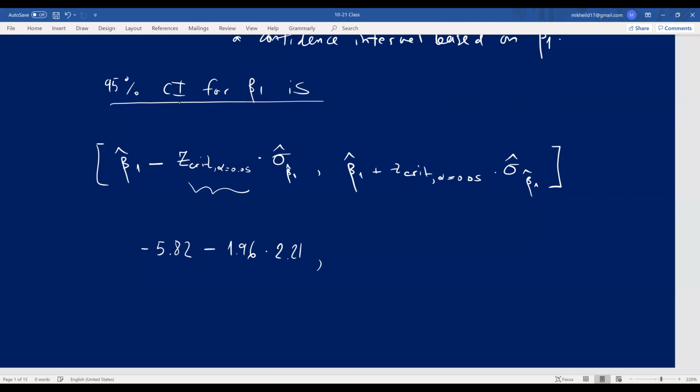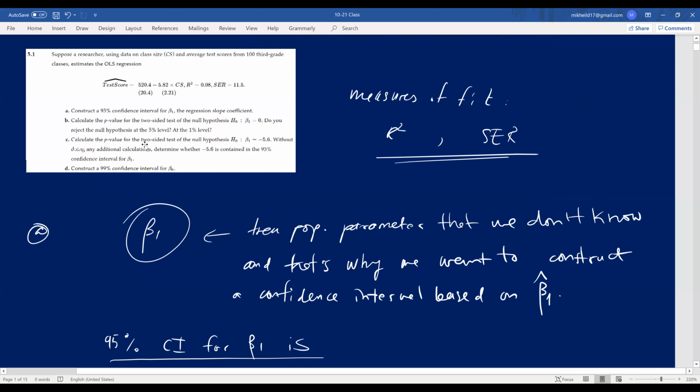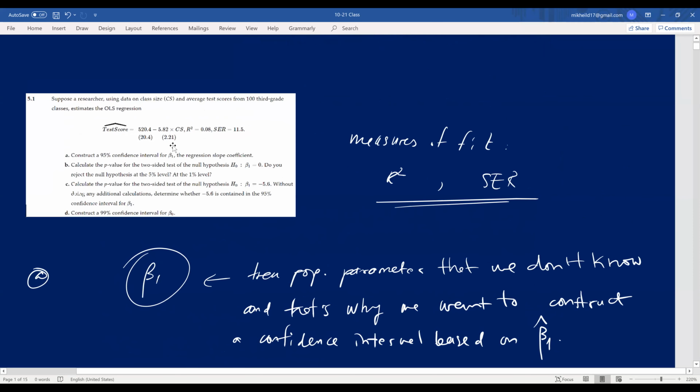Professor, I'm not getting how you know the standard deviation. Is it always given? No, in this problem it is given. How do you know which one is for beta 1? The numbers in the parentheses right below the estimated coefficients are the estimated standard deviations.